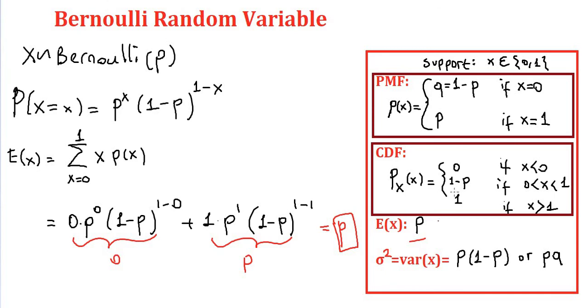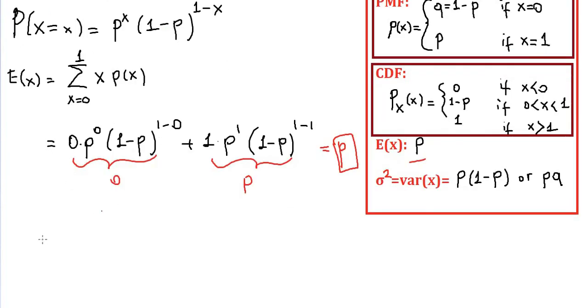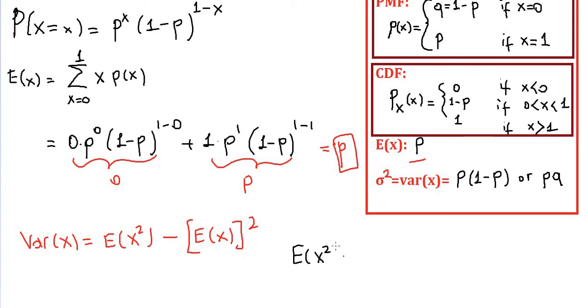Now we're going to derive the variance. Variance by definition is the expectation of X squared minus the quantity expectation of X, squared. Here we found the expectation. We need to find the expectation of X squared, and that's by definition x squared times the density function. We do it for all possible outcomes.